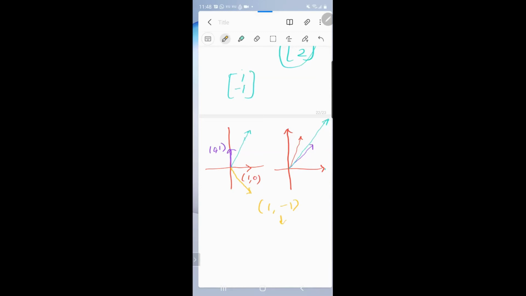Or where does the mirror image of this lie? Okay, minus 1, 1. Right.